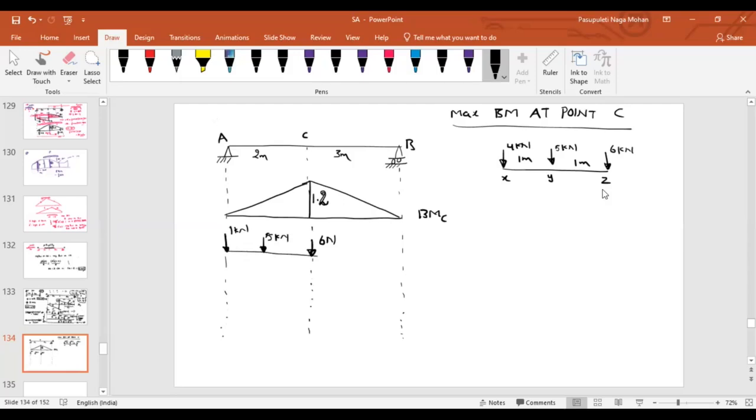This is one possibility. If I place 5 kilonewton over here, then 6 kilonewton will lie somewhere here, and 4 kilonewton will act here.